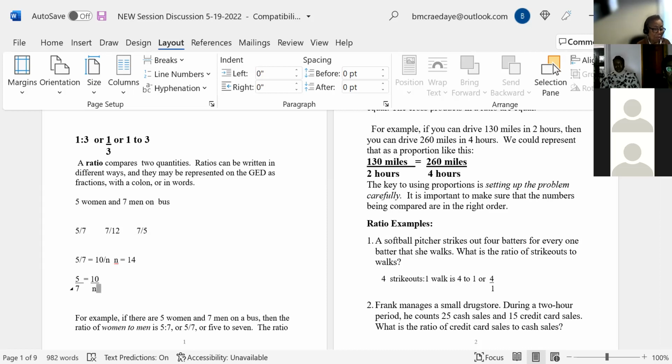Now, if you cross multiply, 10 times 7 is what? 70. 5 times n is what? 5 times n. 10 times 7 is 70. So you'd have 5n equal 70. Okay, so n can only be what?